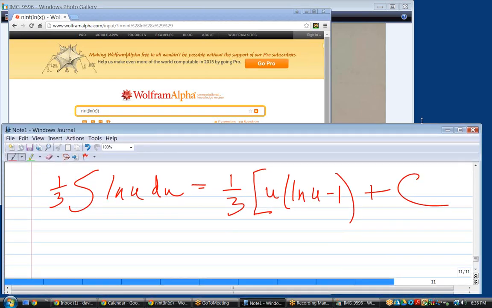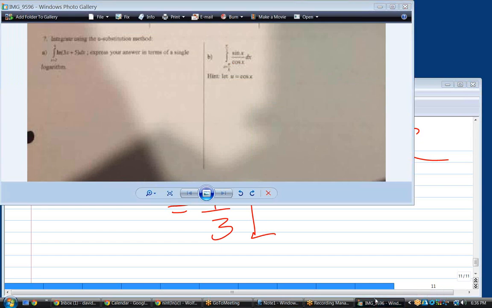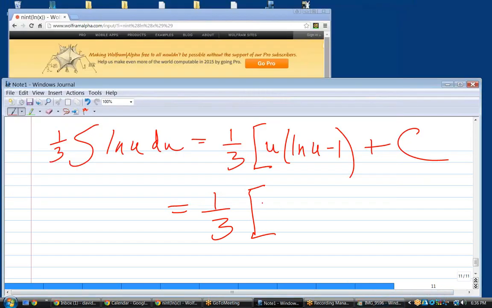And our u is 3x minus 8. Is that what it was? What was it? Right, 3x plus 5. I go back and substitute for that u.